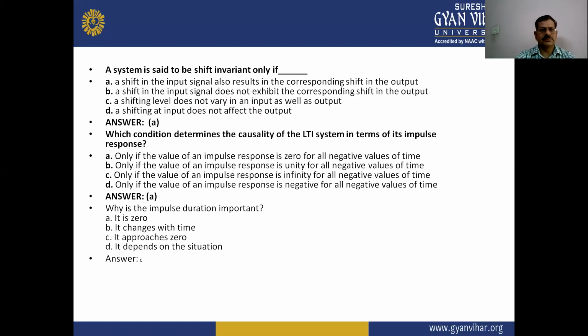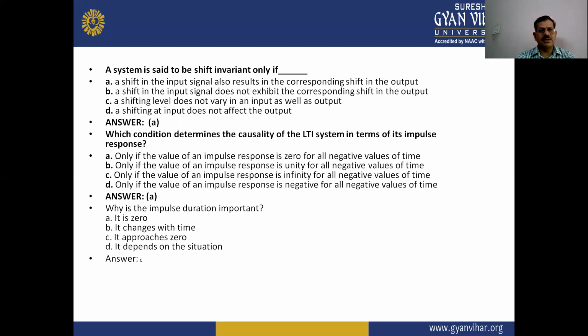Next question. A system is said to be shift invariant only if, option A, a shift in the input signal also results in the corresponding shift in the output. Option B, a shift in the input signal does not exhibit the corresponding shift in the output. Option C, a shifting level does not vary in the inputs as well as output.